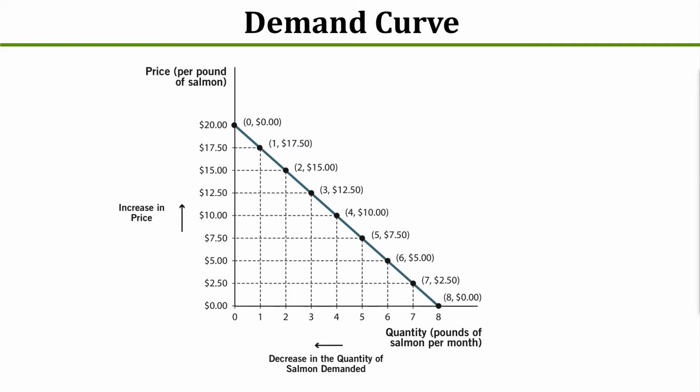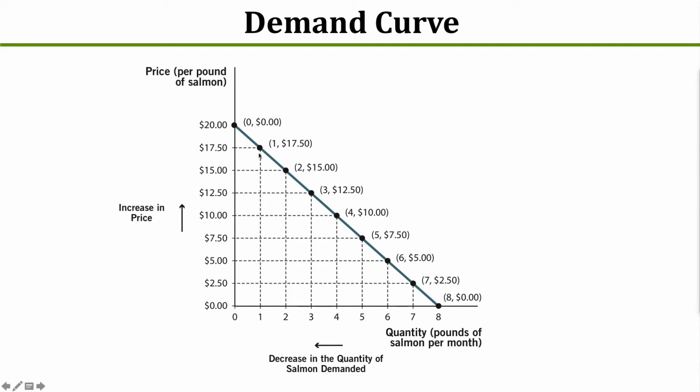On this graph, I want to explain one more thing. Remember, I told you that the demand and the quantity demanded are two totally different concepts. When I say quantity demanded, you need to understand that I'm talking about a specific amount demanded at a given price, a specific price.